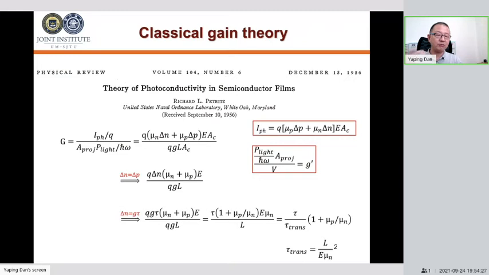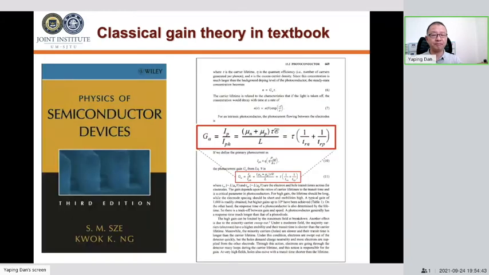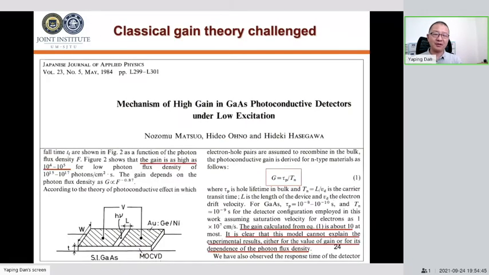For silicon, for example, the electron mobility is higher than the hole mobility; in this case mu p divided by mu n is equal to 1/3, which is smaller than 1. So the gain cannot come from this difference in mobility.